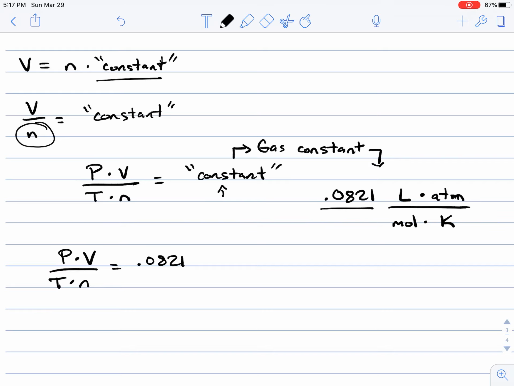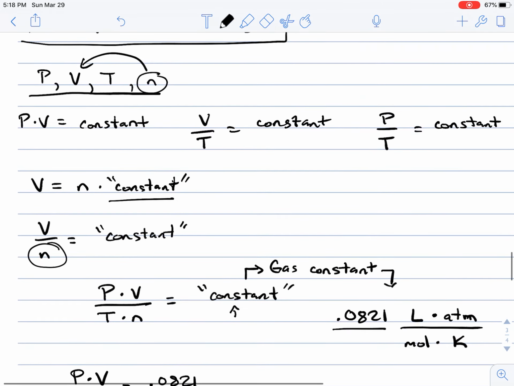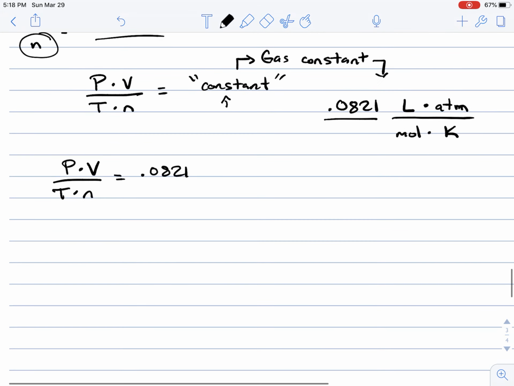This was that constant that can be plugged into every single one of these mini equations that we've gone through. So let me be consistent and write my units: liters, atmospheres over mole and Kelvin.